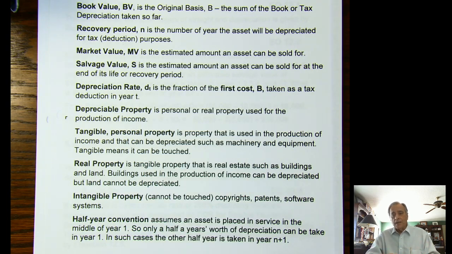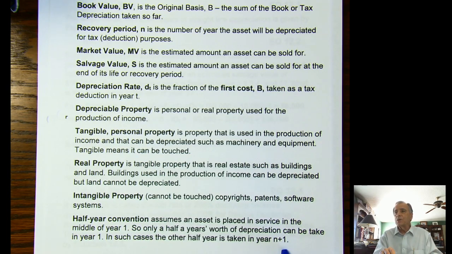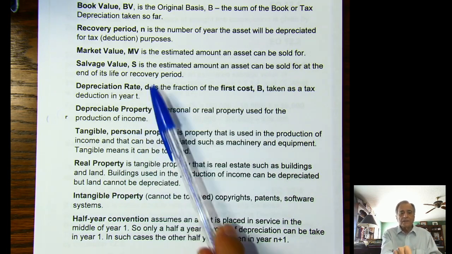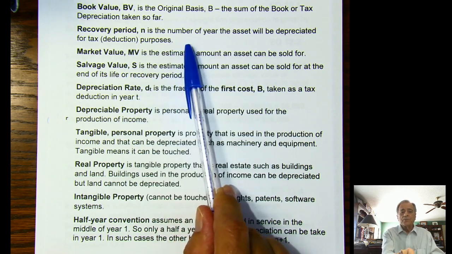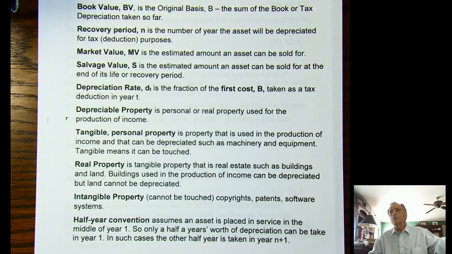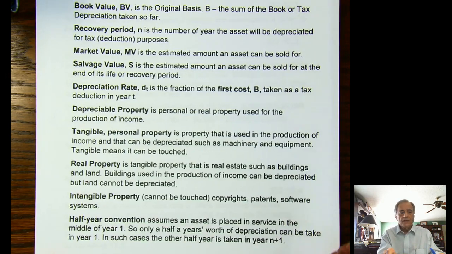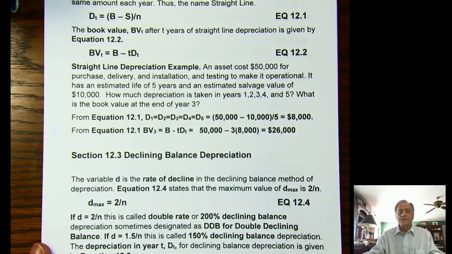And then you get the other half in year n plus 1. So that's why in some cases, a property that has a recovery period of n years is really depreciated over years 1 through n plus 1, because in year 1 you get half a year's depreciation, you get the other half in year n plus 1. So that's what half-year convention means.